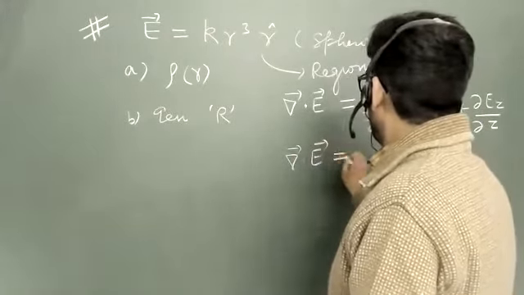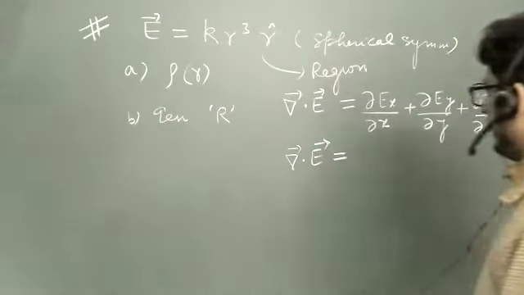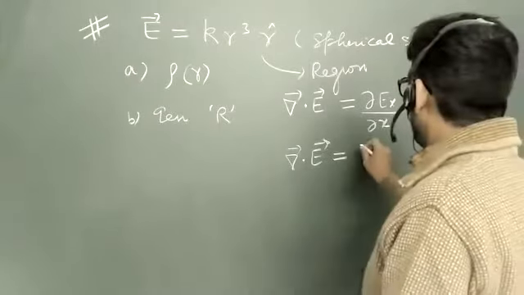And if I write the same thing for spherical polar coordinate, you can write del in spherical polar coordinate. And what comes out here?